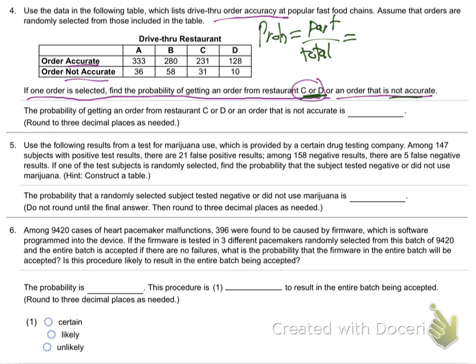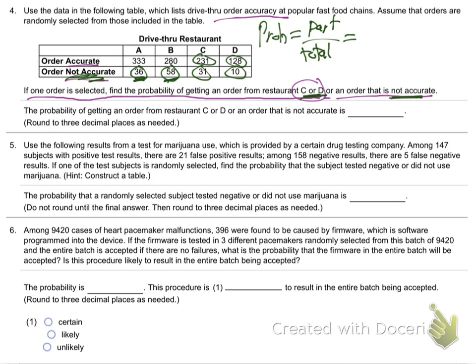All of these numbers are from restaurants C or D. Or not accurate, so we would also throw in this group and this group, because although the 36 and the 58 are not from restaurant C or D, they are orders that are not accurate. And they said we're just going to grab an order at random. What's the chance that we get an order?